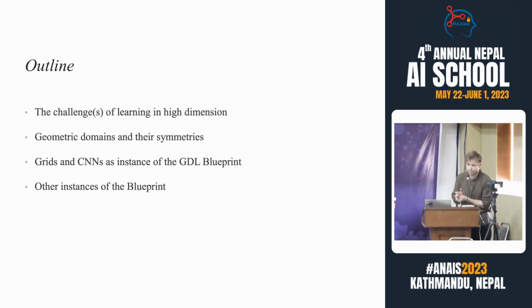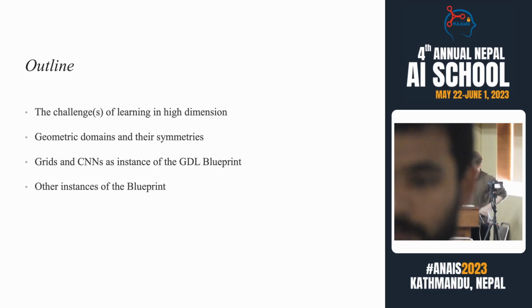Then I'll go into an example, which is grids and convolutional neural networks as an instance of the geometric deep learning blueprint. And finally, I'll see how we can apply the same blueprint to other kinds of symmetries and geometric domains, which leads to other famous architectures. So hopefully we'll get an idea of how you would think if you want to design a geometric deep learning architecture, both the mathematical formalism and the intuition behind it.